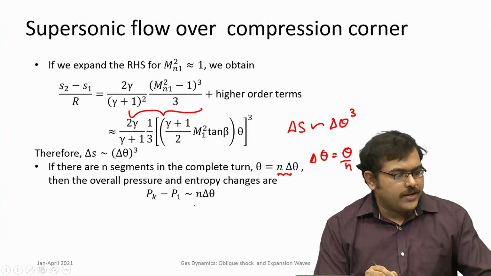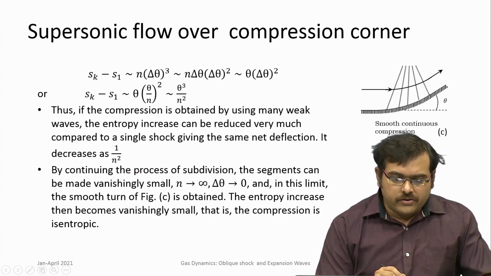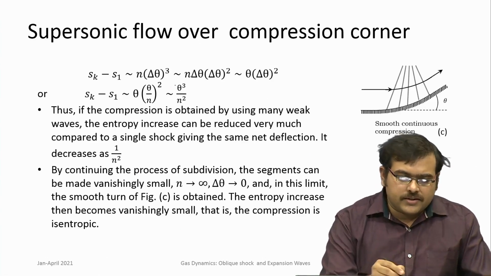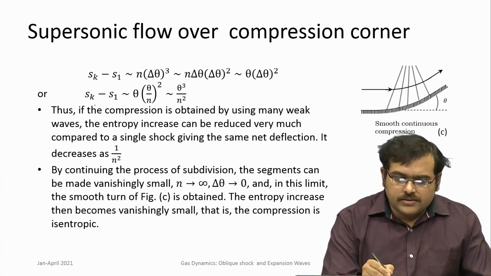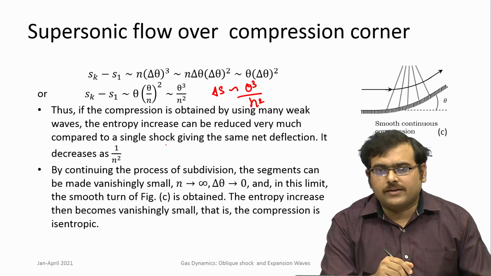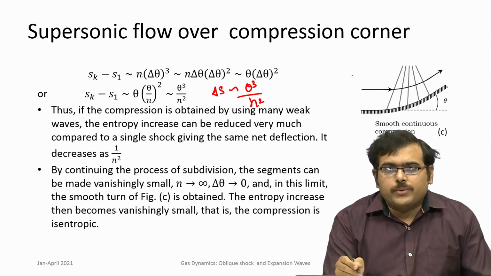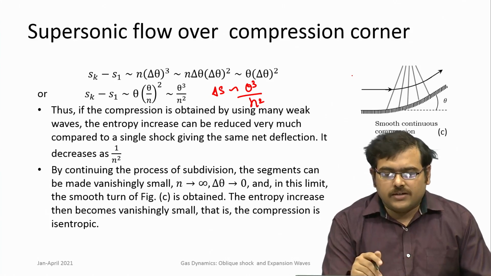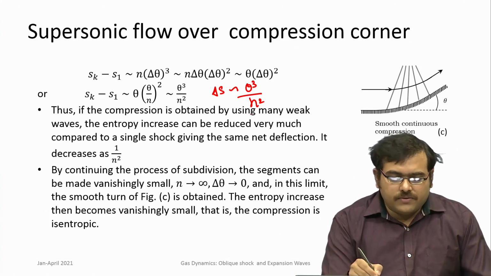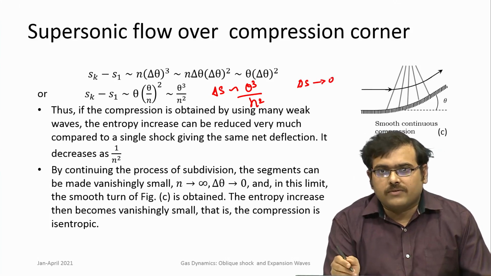You can substitute that, and you get that the change in entropy delta S essentially goes as theta cube by n square, for a gradual turn. Now we apply the limit that n goes to infinity. If you want to make it a smooth and continuous turn, as n goes to infinity, delta S goes to 0, or you are getting an isentropic flow.